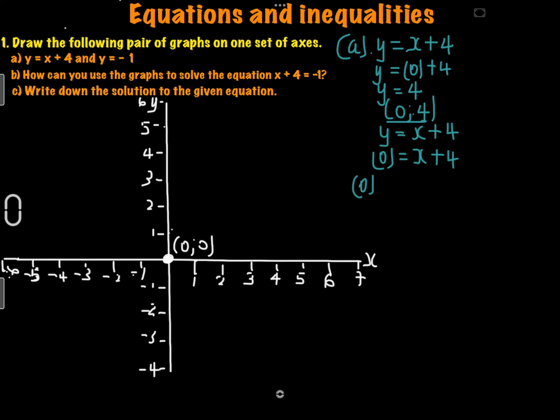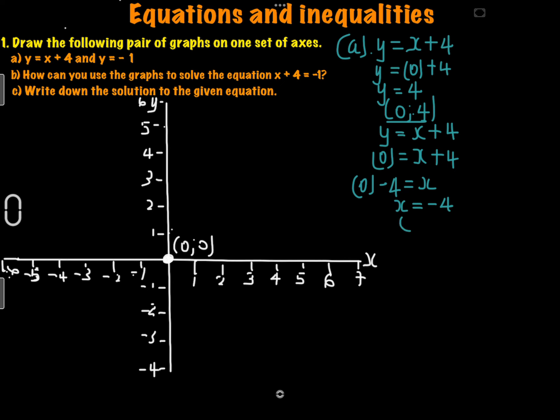We only have one variable, which is x, and the constant is positive 4. Since 4 is positive, if it moves over the equal sign, it becomes negative 4, and we only remain with x on the side. So 0 subtract 4, x just remains to be negative 4.